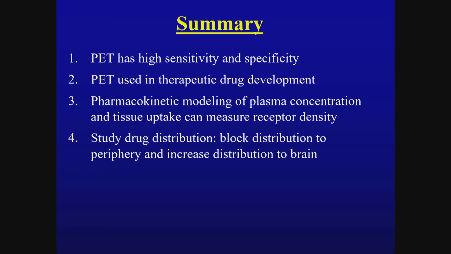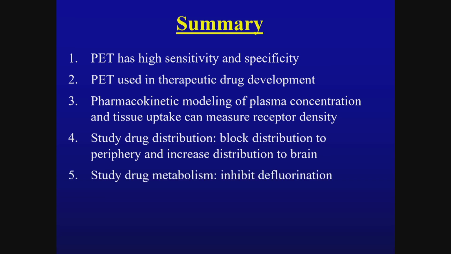I've shown how PET can study distribution, which is the reversible transfer of a drug from the blood to the tissue and back. The case I gave of translocator protein was one where the receptor is located in the brain and the periphery, and you can have sort of a competitive distribution of the drug or the radioligand to those two sites. I also showed that that particular target can provide useful pathophysiological information on inflammation or neuroinflammation in my particular case.